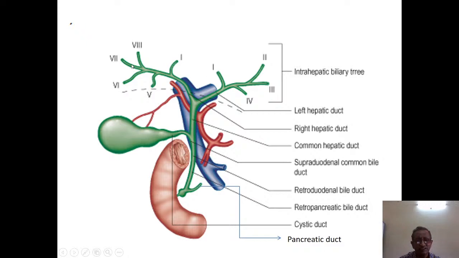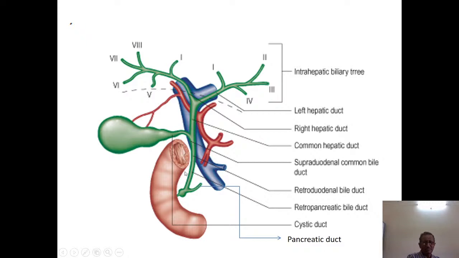These 8 surgical segments drain directly into the right hepatic and left hepatic ducts, which join together to form the common hepatic duct. As it comes out of the porta hepatis and goes towards the duodenum, it is joined midway by the cystic duct to form the bile duct.